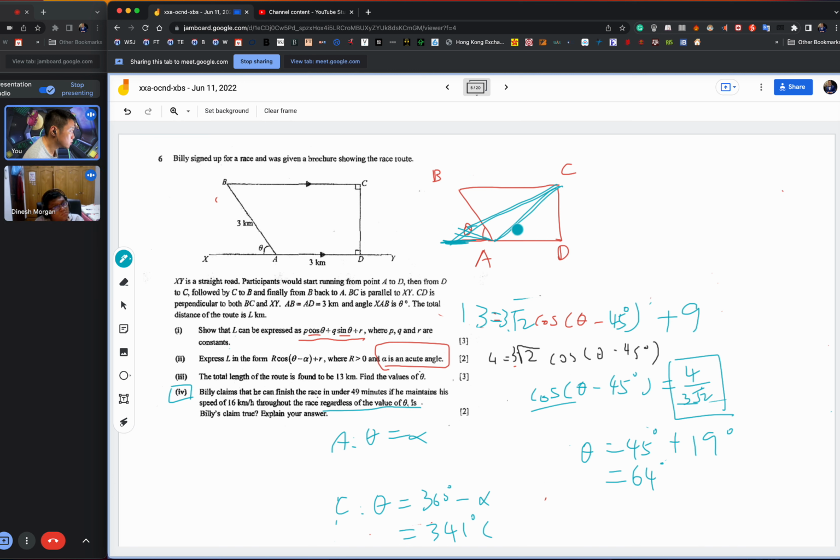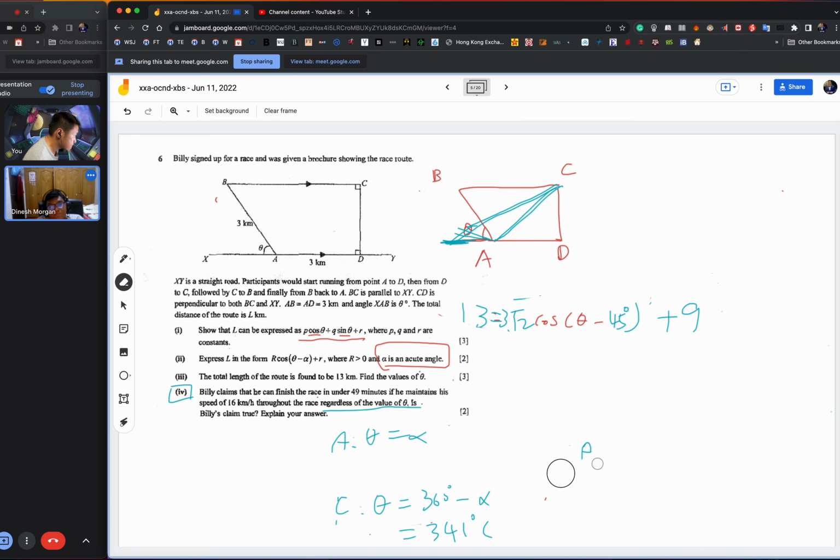So this is not this. Oh, I know what to do. Let me go back to this. The way to look at this is this: your this is the L. What is the maximum value of cosine? 1.